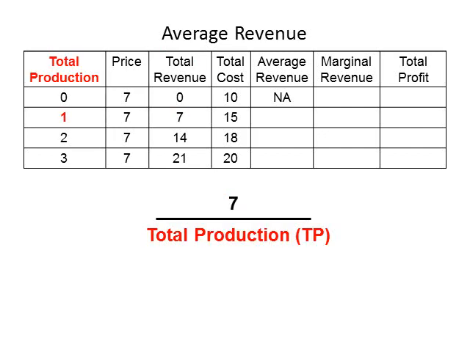Next, locate the total production column in the table and the total production in the formula. Notice that the second row of numbers under total production is 1. Replace the total production in the formula with the number in the second row of the total production column, which in this case is 1.